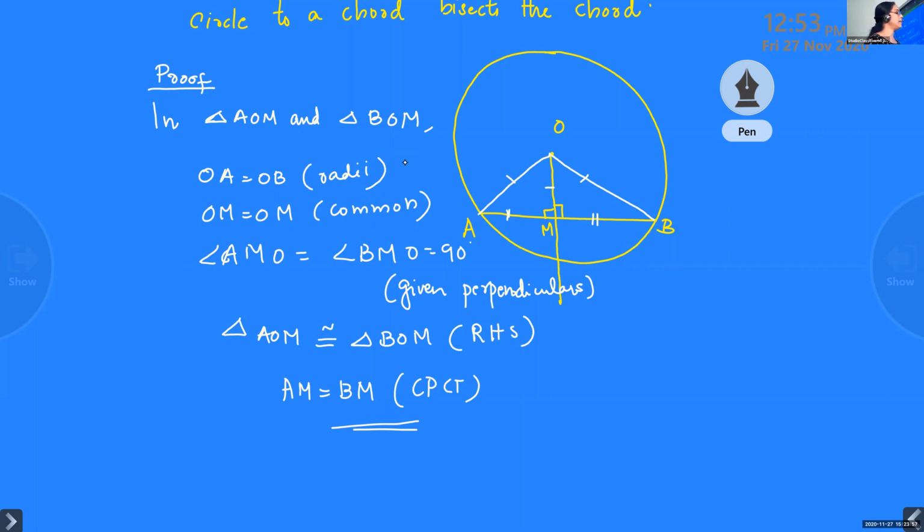See, children, I sent quadrilaterals notes yesterday. Did you get it? Yes, ma'am, in the group. Okay. Staple the notes together and keep them. Okay, children.